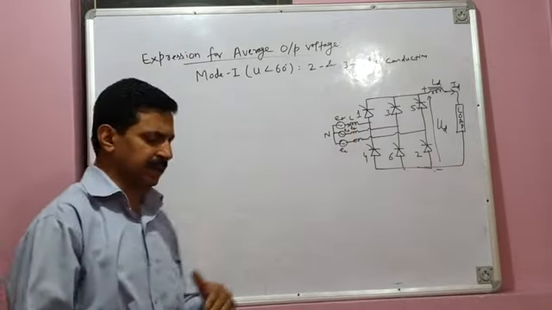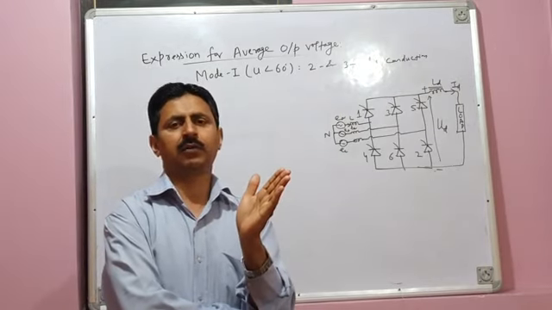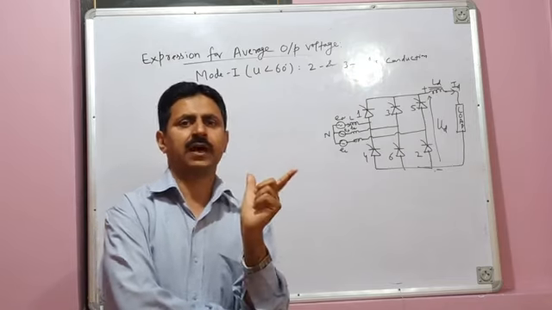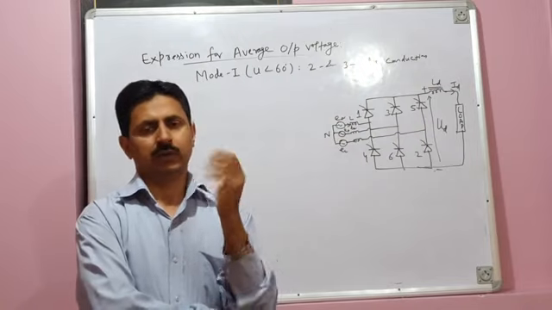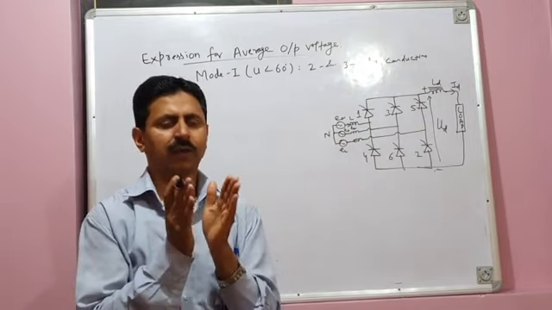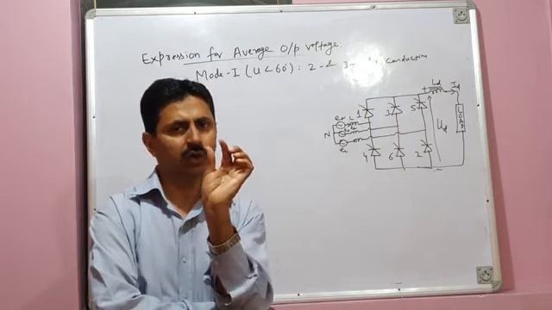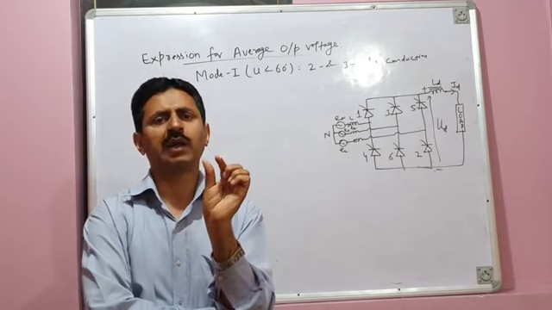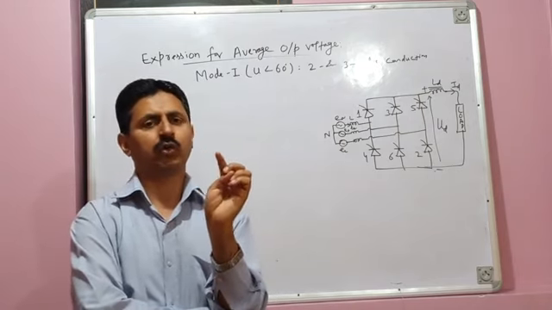Now let us assume that after a delay of alpha, valve 3 is fired. Previously valves 1 and 2 were conducting, and valve 3 is fired. Then commutation between 1 and 3 will start during U degrees, where U is the overlap angle. During the overlap angle, there will be transfer of current from outgoing valve 1 to incoming valve 3.